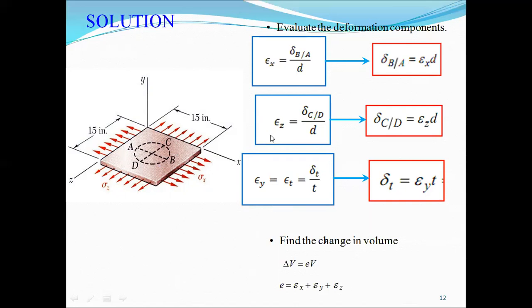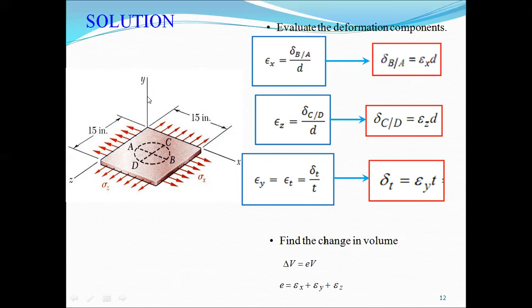Epsilon z is the strain along z direction. This diameter is along z direction, so epsilon z is delta CD divided by the original diameter of the circle d. From there, delta CD is equal to epsilon z d.